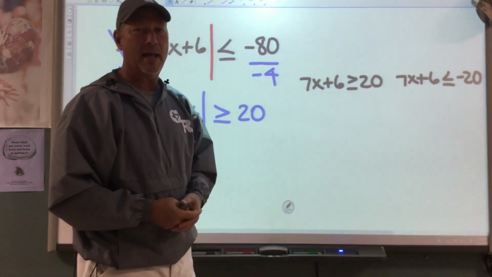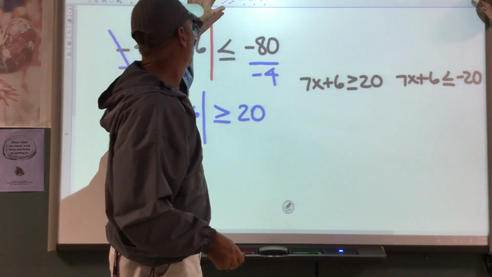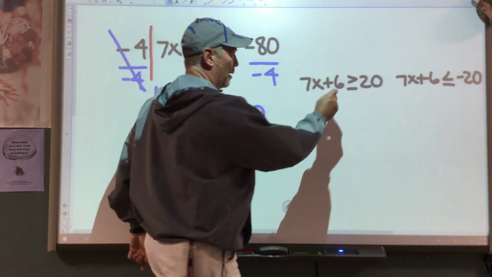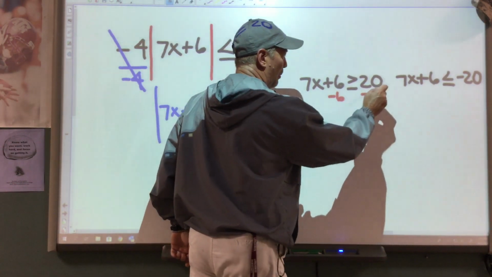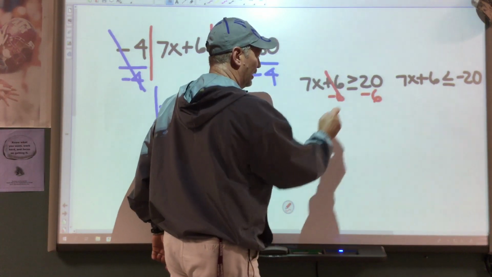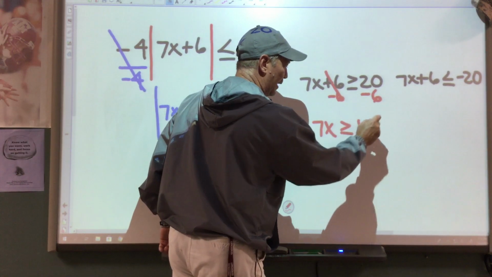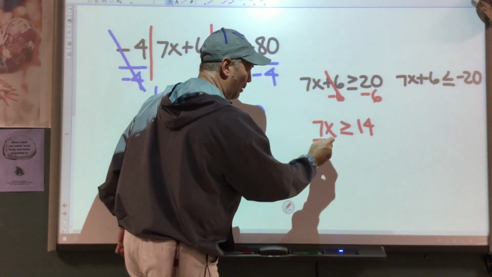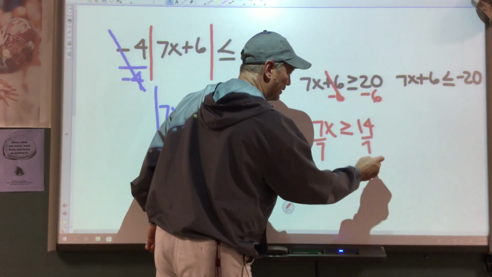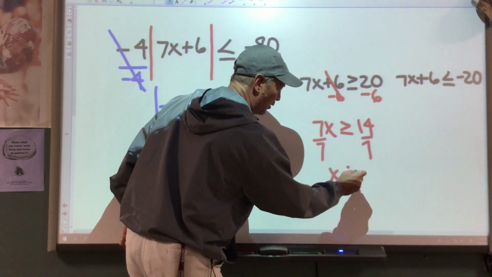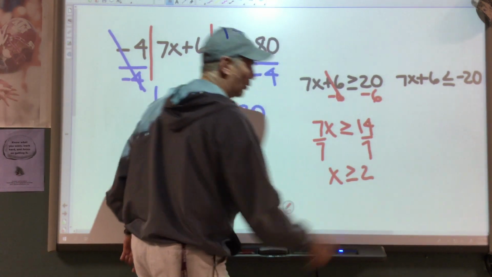Now we're just going to do the math. We're going to do the easy part. Easy part says minus 6, minus 6. 7x is greater than or equal to 14. Divide by 7, divide by 7. X is greater than or equal to the number 2.